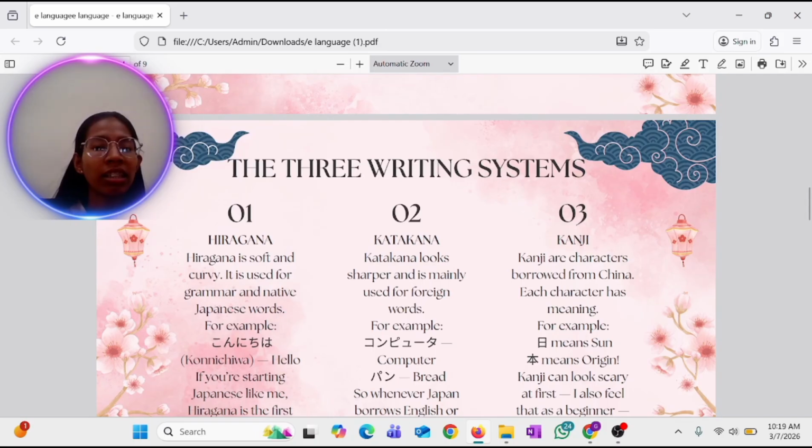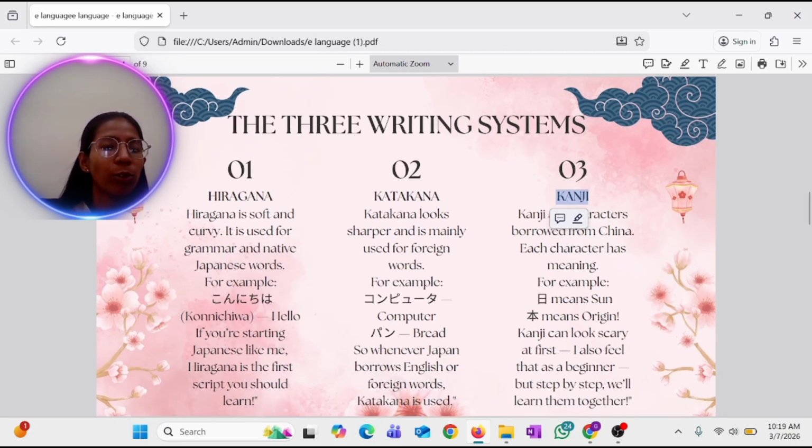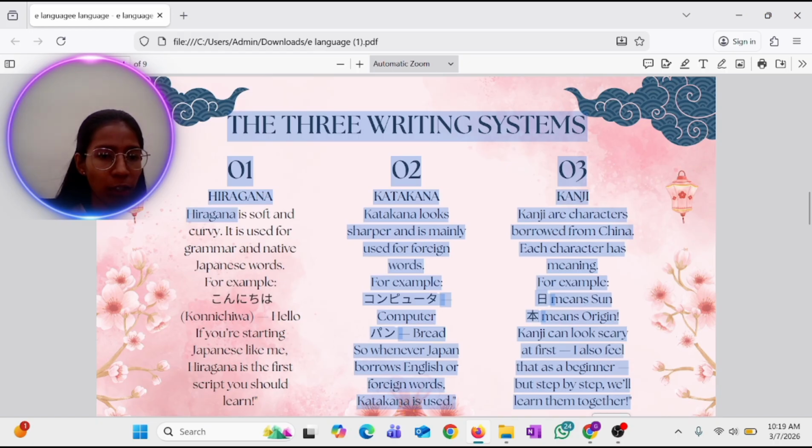There are mainly three writing systems. First is hiragana, then katakana, and then kanji. These kanji were the Chinese characters which were introduced from China to Japan. First, hiragana.